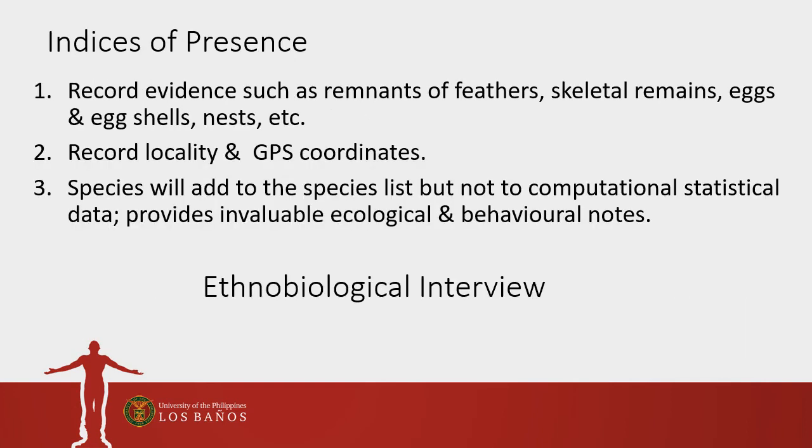Indices of presence for birds include feathers, skeletal remains, eggs and eggshells, and nests. But again, the species will be difficult to identify. Again, record the locality and GPS coordinates. Species will add to the species list but not to the computational statistical data.